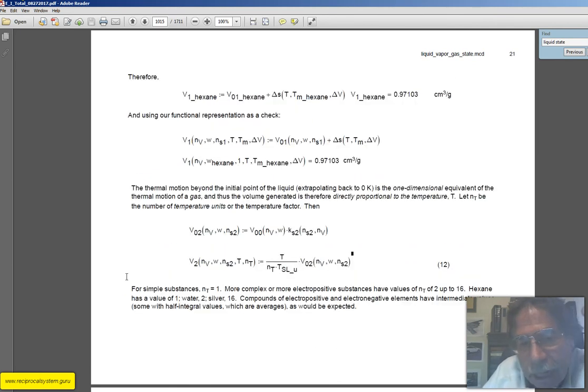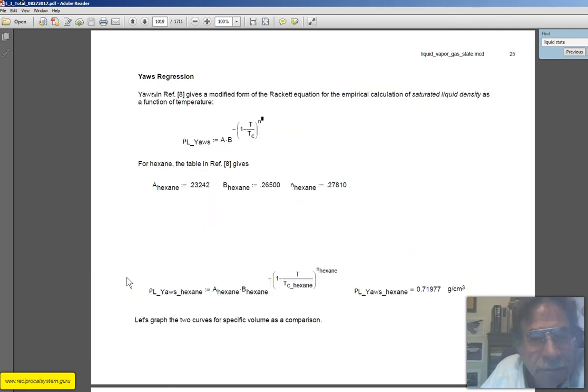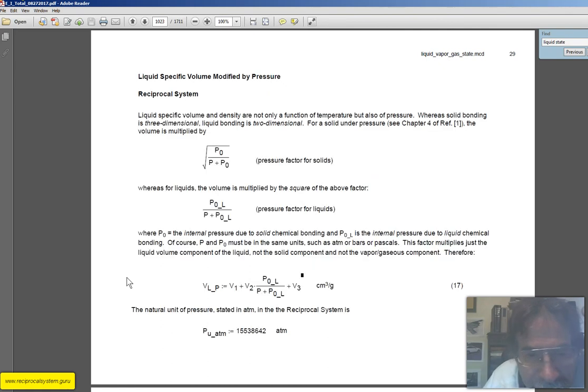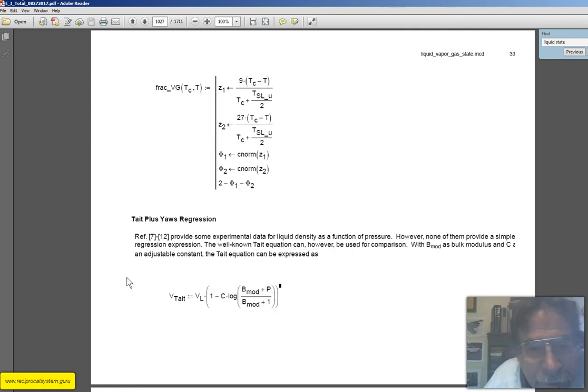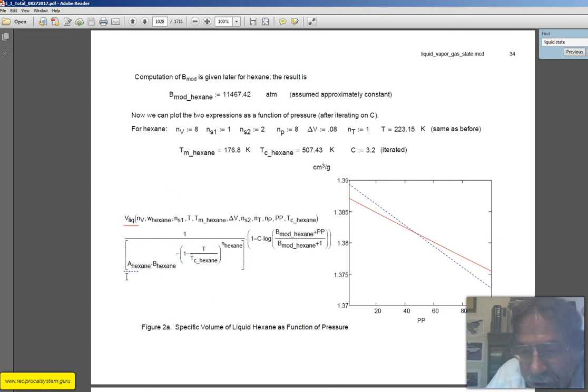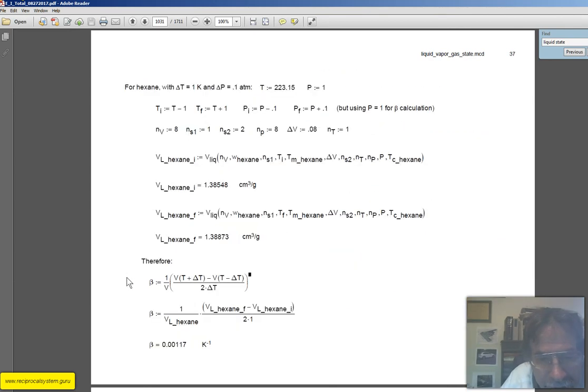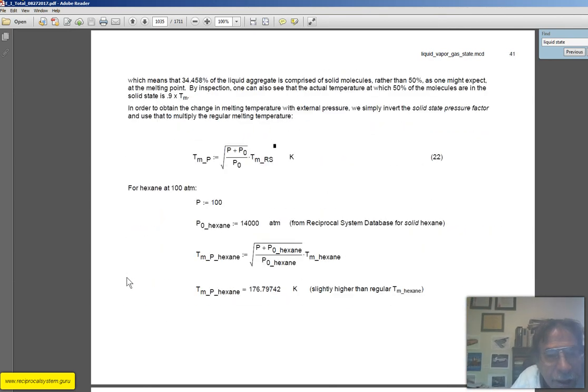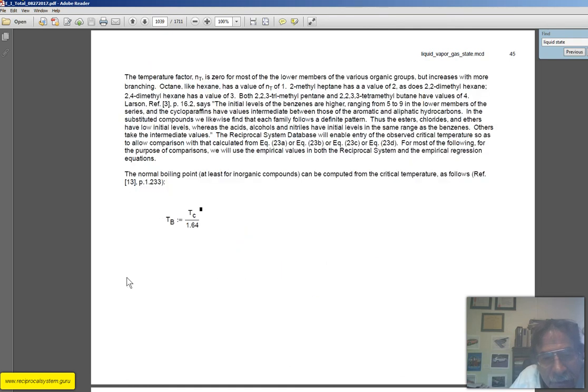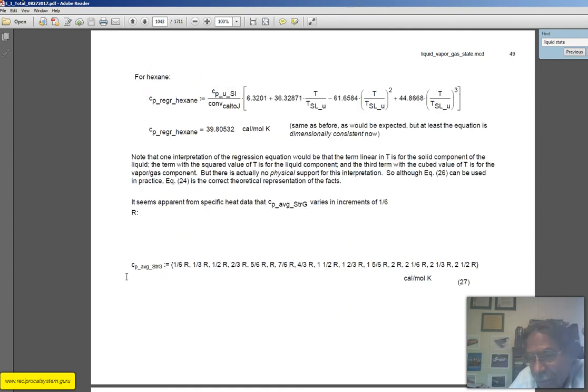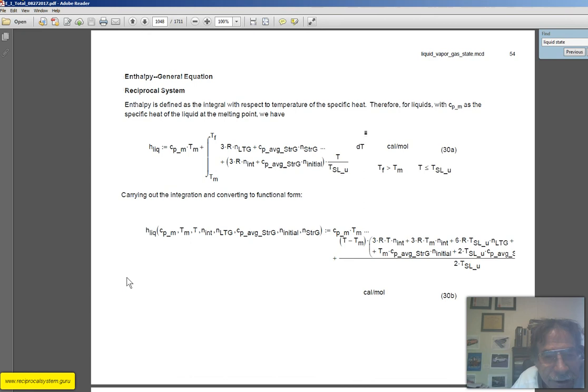I mean, just look at the calculations here. I have graphs, of course. Discuss the ODE equations. I mean, it's just page after page of equations.